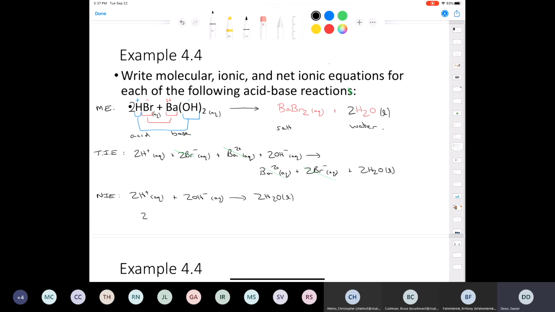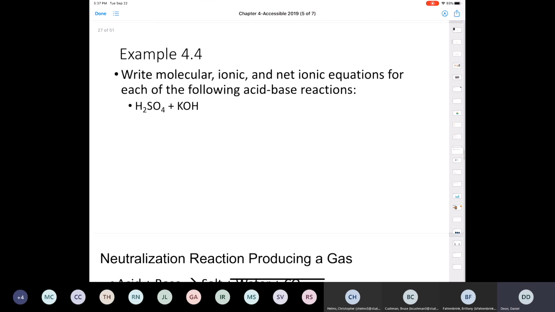And we could even simplify that as we did previously this evening. 2H plus OH minus gives you water, like that. A neutralization reaction.